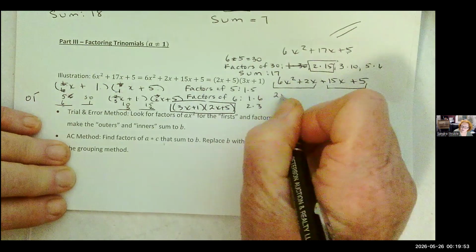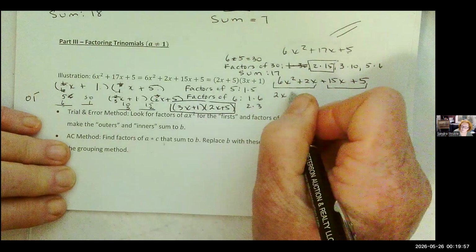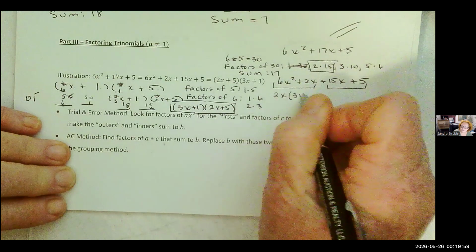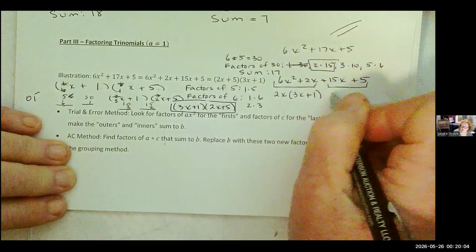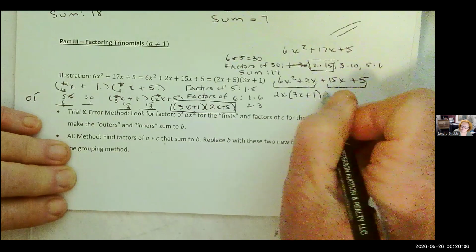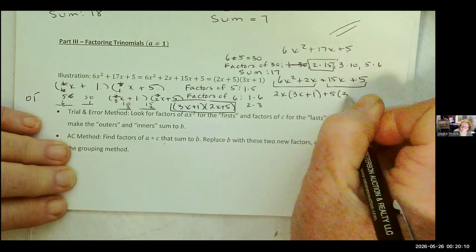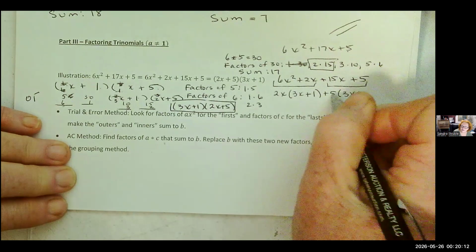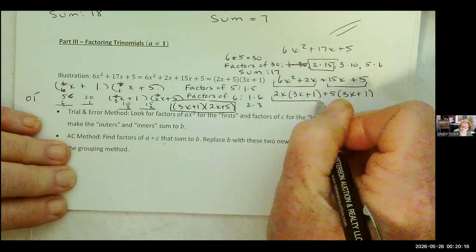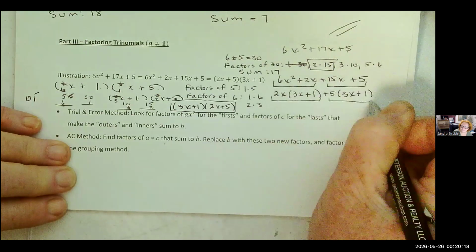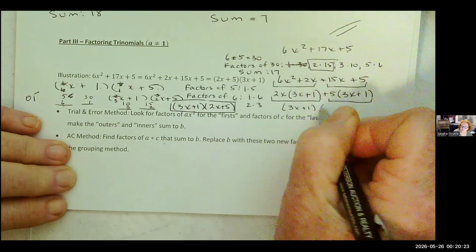When you factor a 2x from this, you're left with 3x plus 1. Let's look at the next two terms. What do they have in common? They have a 5 in common. When you factor out a 5 from 15x, you're left with 3x. Factor a 5 from 5, you're left with 1. Looking at these two terms, they have 3x plus 1 in common. And when you factor that out, you're left with 2x plus 5.